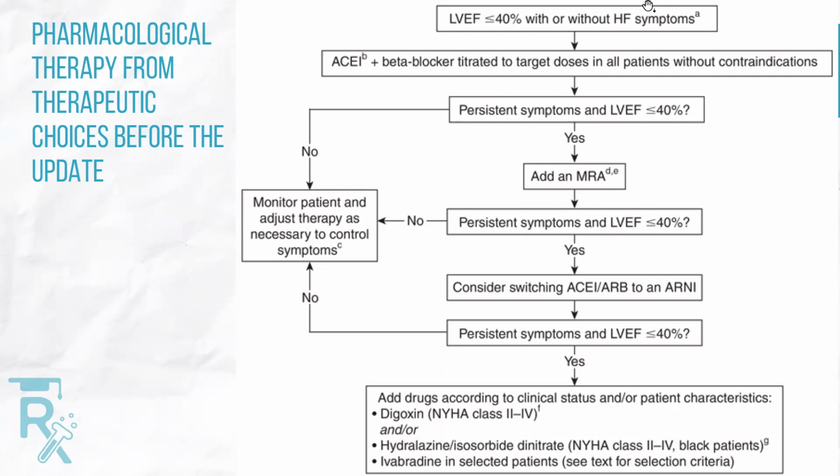This is how it happens. Because the algorithm in CTC is not that clear, like what I will use before what. So what happens is that after I give him the triple therapy, the ACE inhibitor plus beta blocker plus spironolactone, and the patient is not controlled, I will look.